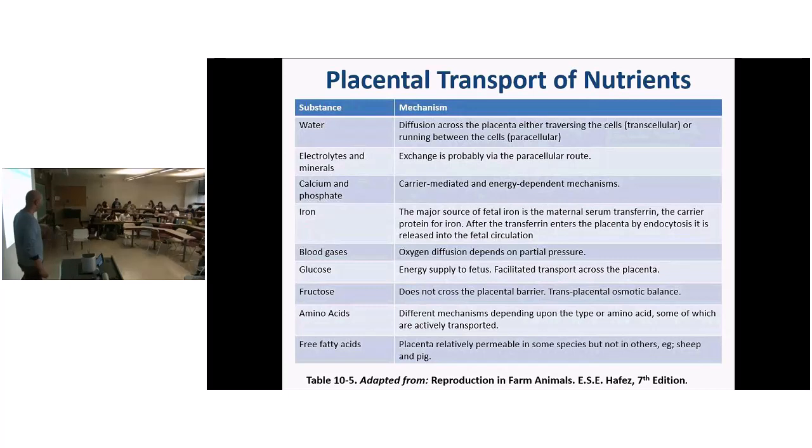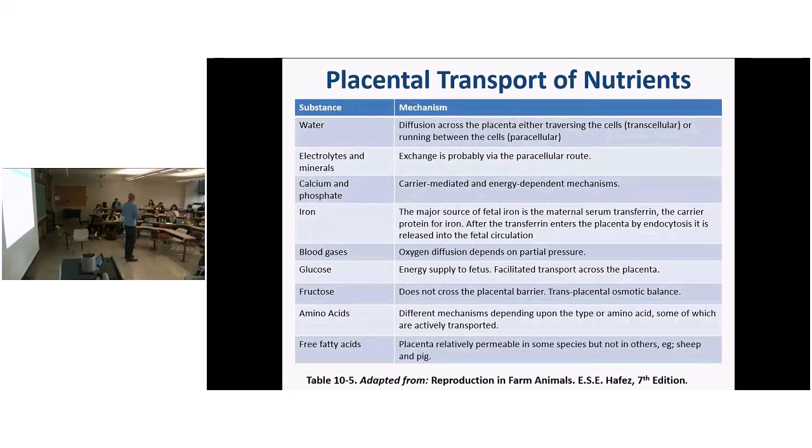In ruminants, because of the way they process vegetable materials, they have that big rumen, that fermentation chamber, so if you look at ruminants, their glucose levels never go up and down like they do in non-ruminants like us.